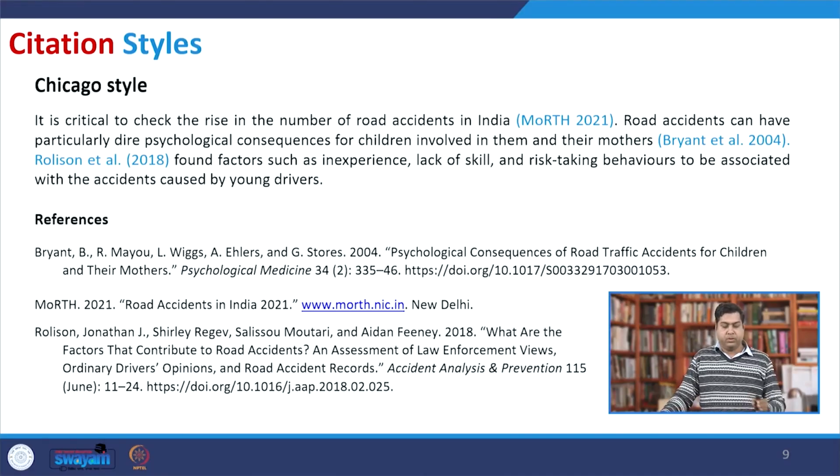Now, if you look at the Chicago style of referencing, in this case it is similar to APA, but here there is no bracket, and that is something you also need to follow. Here also, if you would like, you can add the Ministry of Road Transport and Highways.